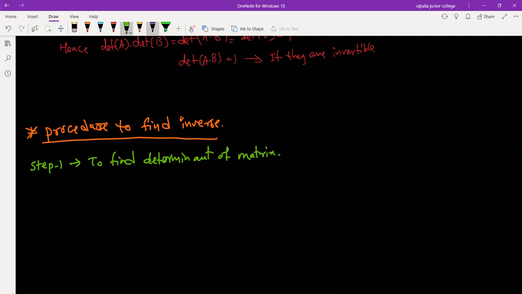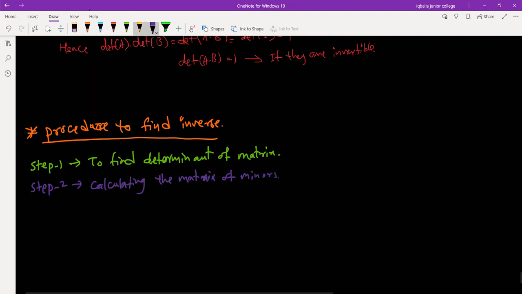Now the second step is calculating the matrix of minors. Matrix of minors.